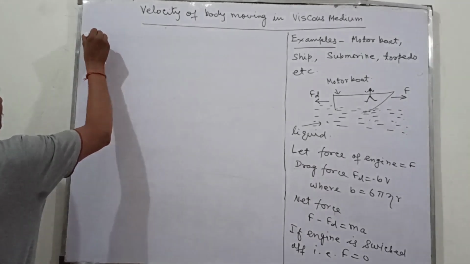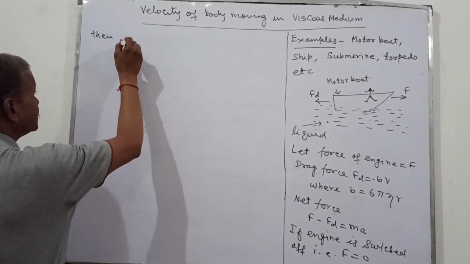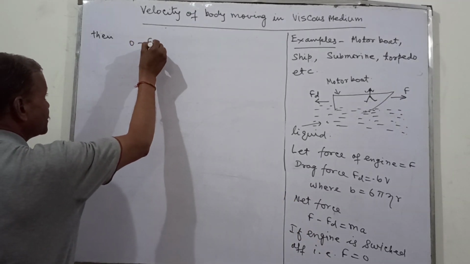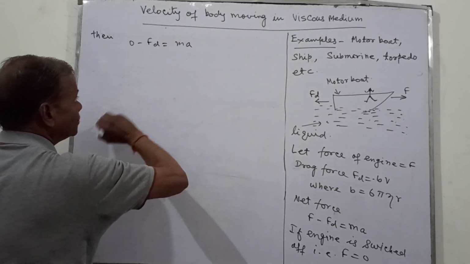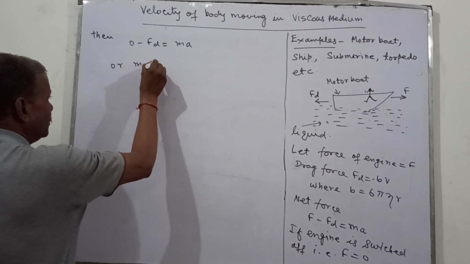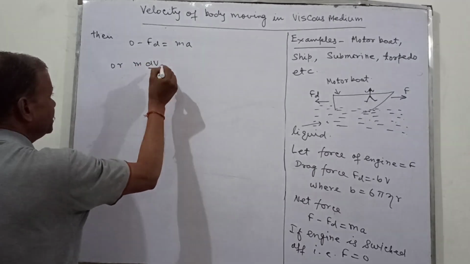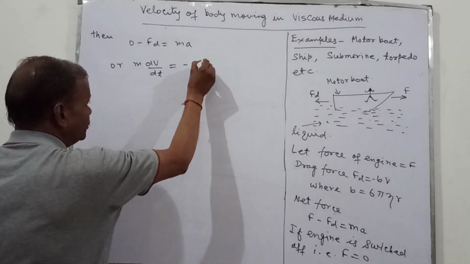Then this equation takes the shape 0 minus Fd equals ma, or m dv upon dt is equal to minus bv.